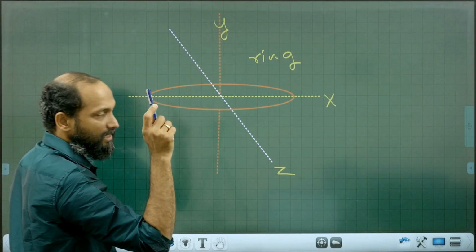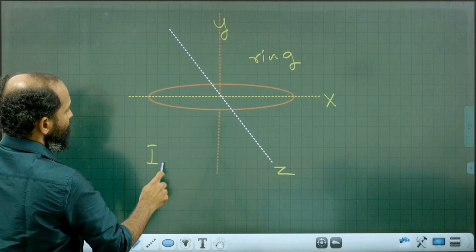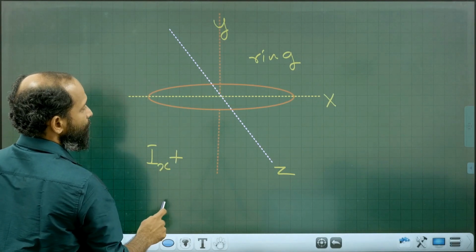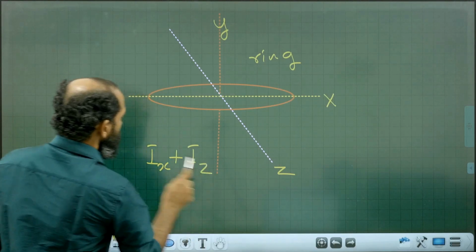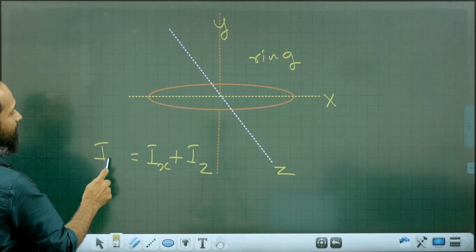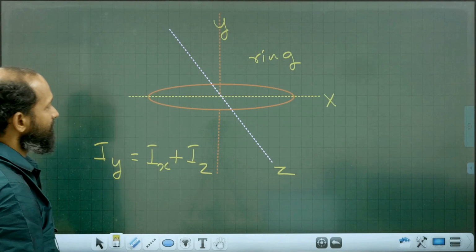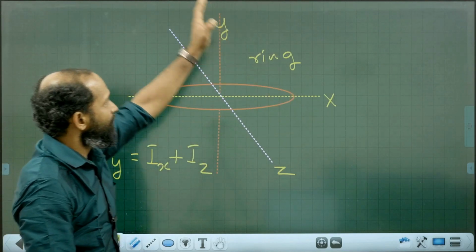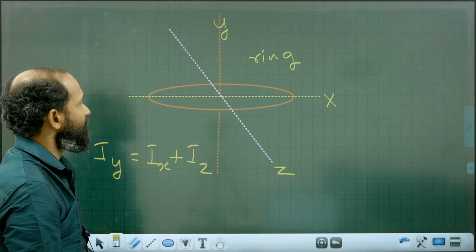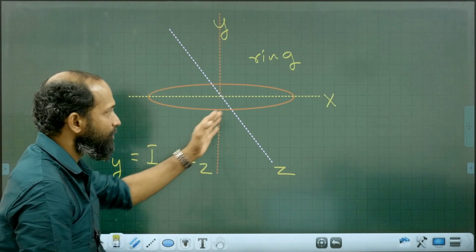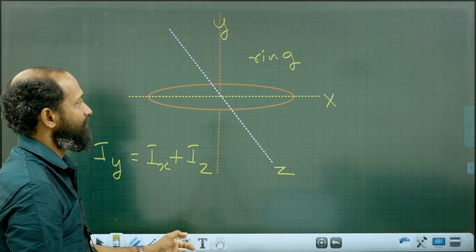If the ring is kept in the XZ plane, you can add the moment of inertia of the ring about the x-axis and z-axis to get that about the y-axis. So as the ring is in the XZ plane, Iy, the moment of inertia about the perpendicular axis, is equal to the sum of the moments of inertia about the other two axes.